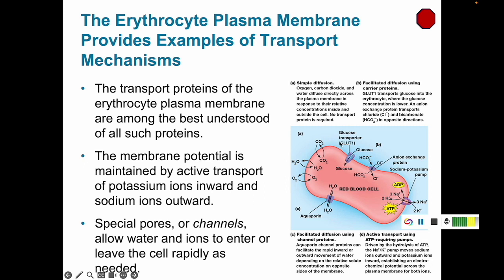We have facilitated diffusion, for example, using the GLUT1 transporter to move glucose into the cell. We have channel proteins, such as aquaporin, that are moving water in and out. And then we have active transport, maintaining our sodium and potassium energy kinetics that we need to keep that charge in and out of the cell.